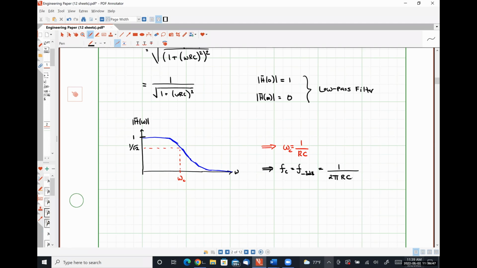So to go from linear frequency to angular frequency is just a factor of 2 pi, like it's always been. Doesn't particularly matter if it's a filter circuit or what.